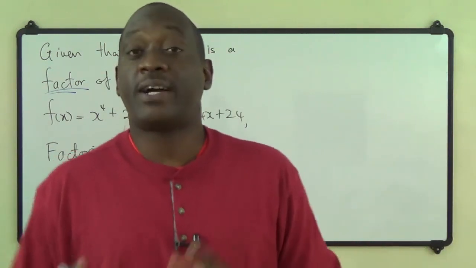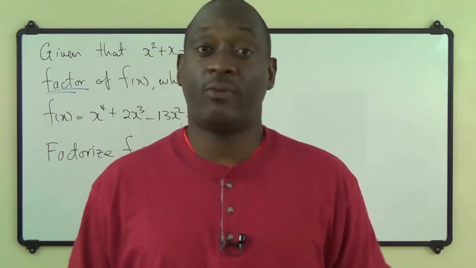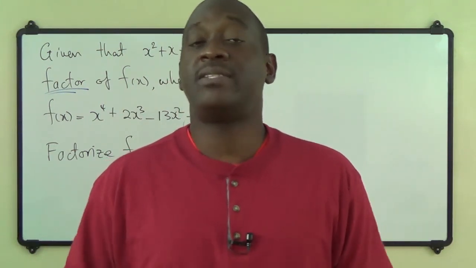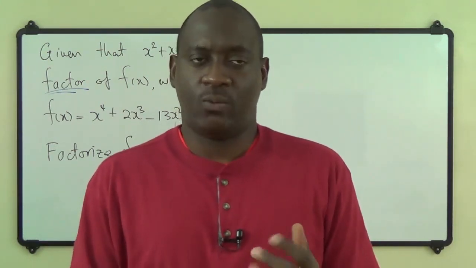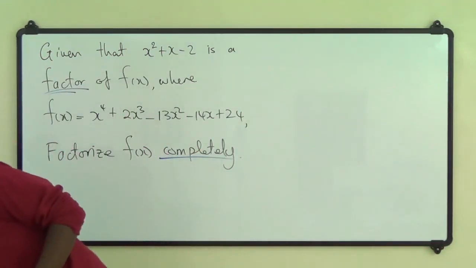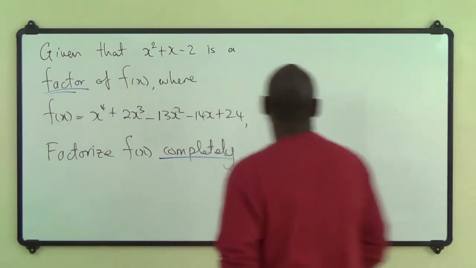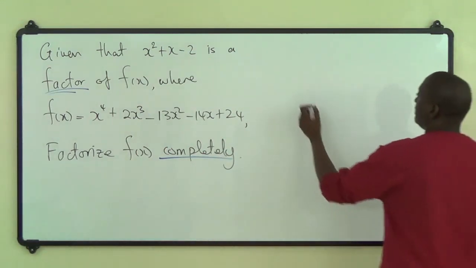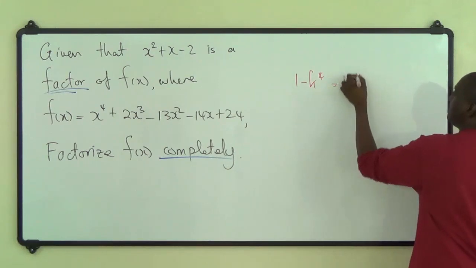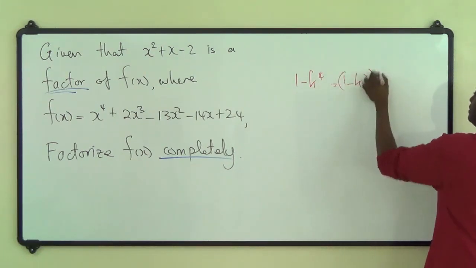So if they tell you factorize 1 minus k to the power of 4 completely, and your response is 1 minus k squared into 1 plus k squared, then you wouldn't get the full marks.